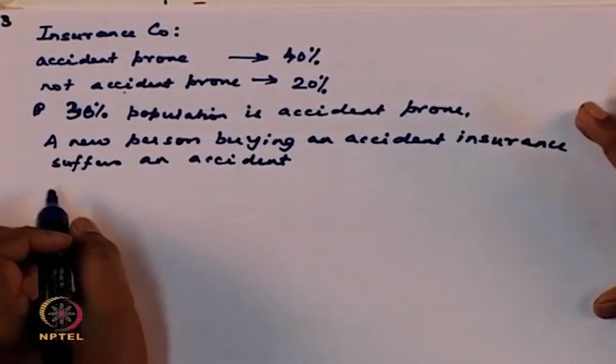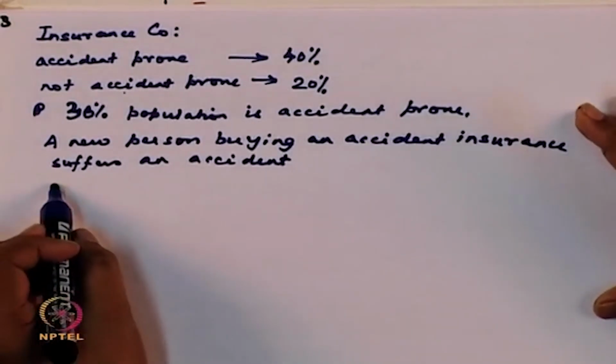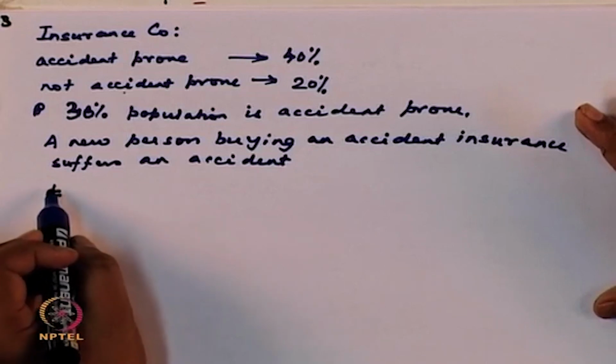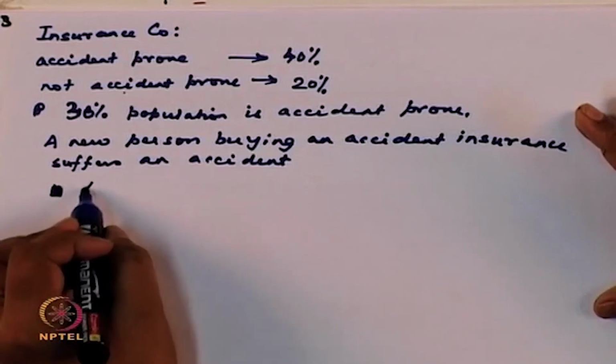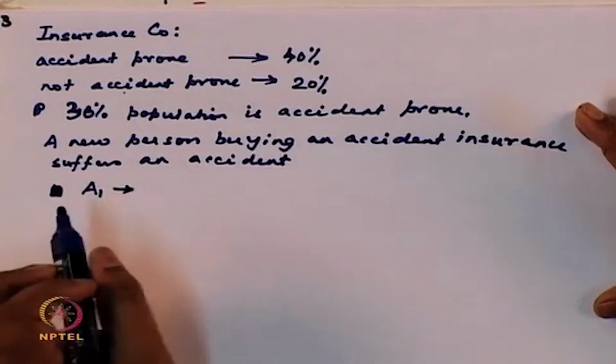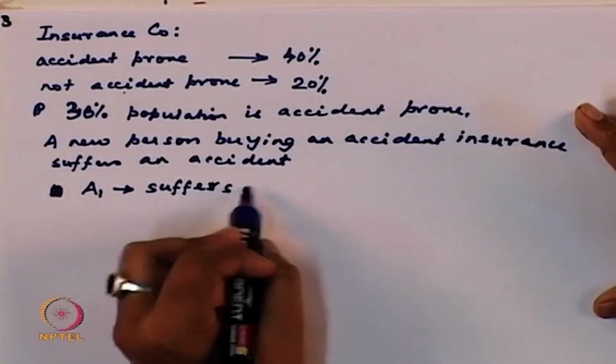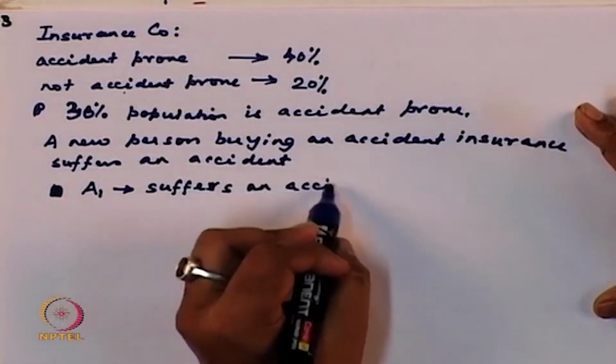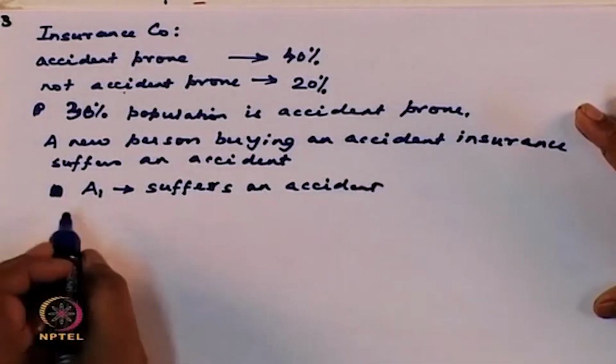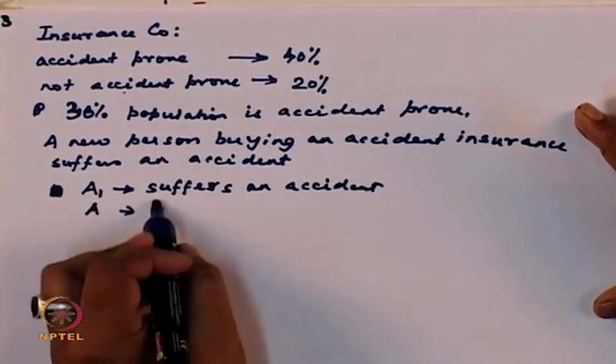So, we have to define events. Let us define an event A1 as the person suffers an accident, and A as the person is accident prone.